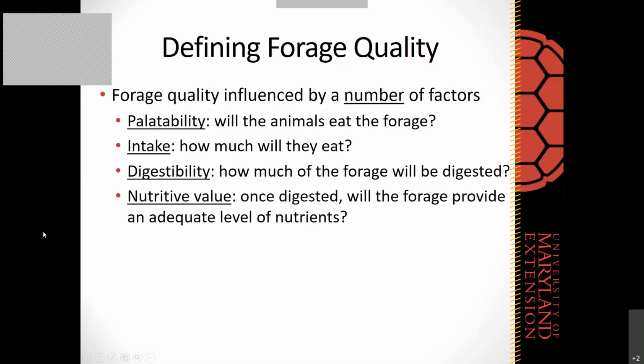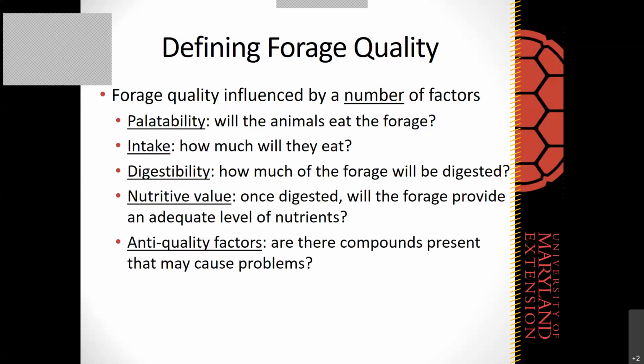And of course, the nutritive value, which we said was like that nutrition label, the actual amount of nutrients. Is that adequate for our animals? Are we providing enough nutrients that way? And then there are also things like anti-quality factors, which are compounds that may cause issues, whether those are different toxicities, weeds that are present, or other debris that may have made it into the hay through the haymaking process.